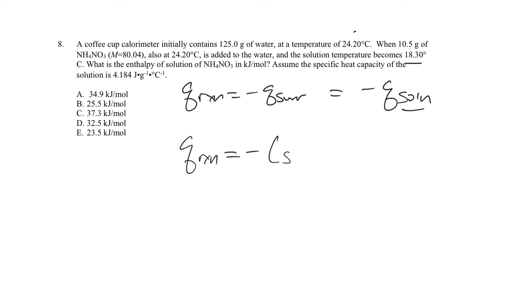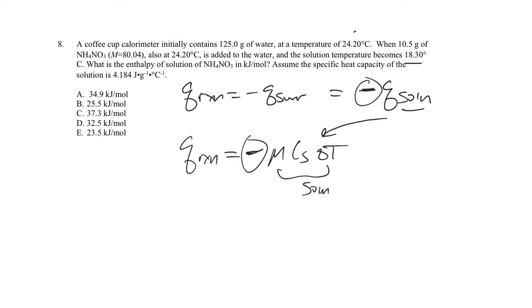The solution is described by an MCS delta T. So Q solution is MCS delta T, so I keep my minus sign for the minus Q solution. And these are all for the solution. So that helps me know that the mass I use is the mass of the solution.